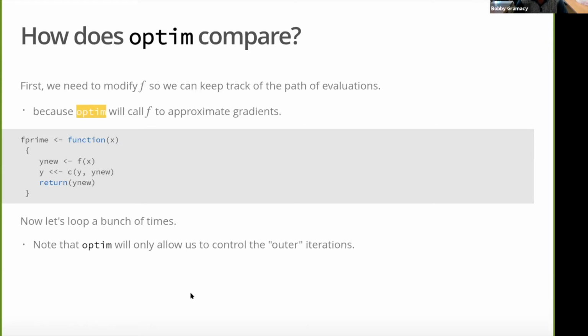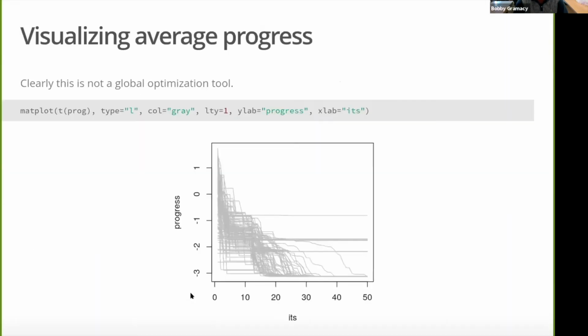That's the thing we're trying to cut down on, whereas conventional optimization tools worry less about that. Although often they have maximum number of iteration arguments, most of them determine whether or not they stop exclusively on convergence criteria, and they don't save all the evaluations in the middle. And that's what we want to see. I want to see what our progress is. I want to make a plot like this, but for Optim.